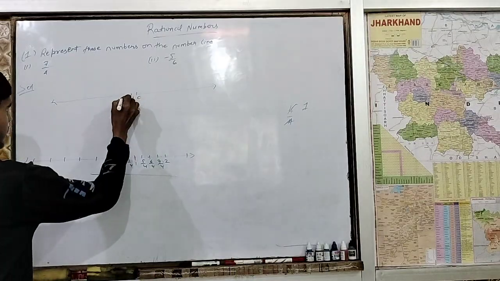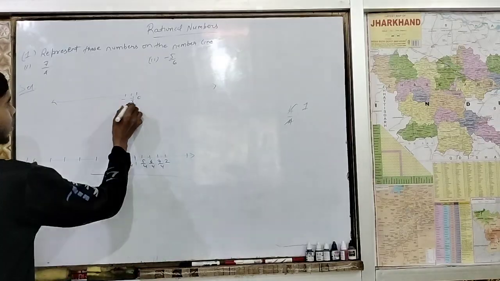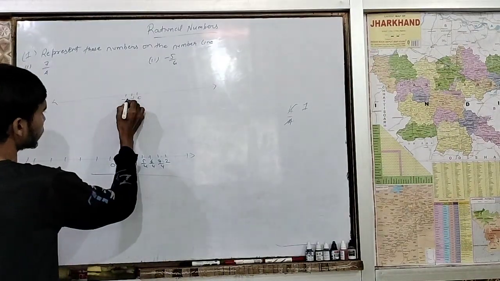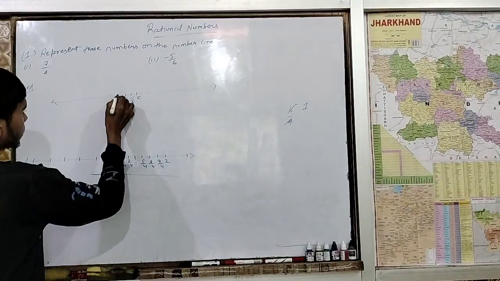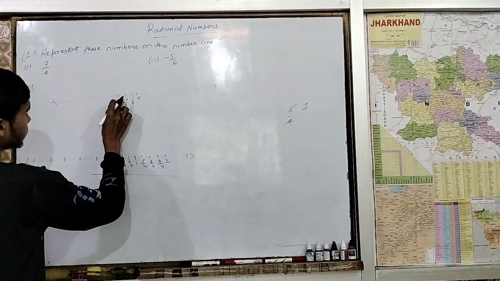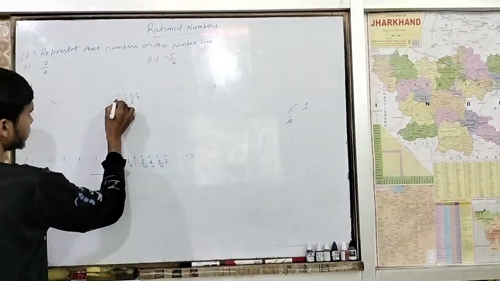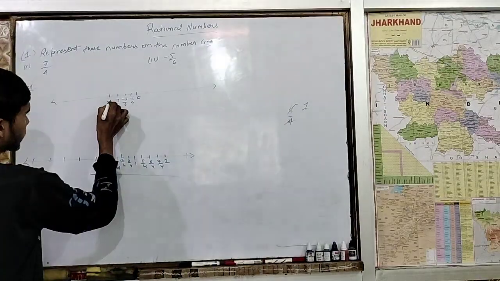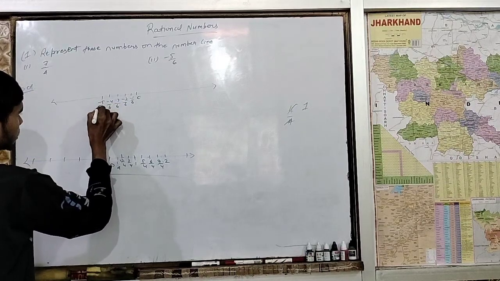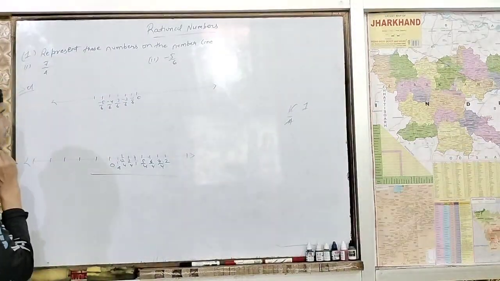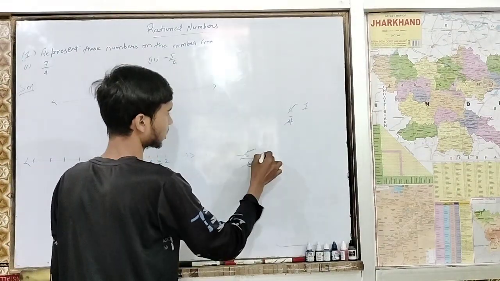Minus 1 upon 6, then minus 2 upon 6, then minus 3 upon 6, then minus 4 upon 6, then minus 5 upon 6, then minus 6 upon 6, it is becoming minus 1.